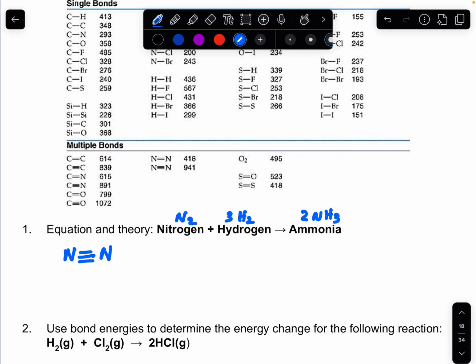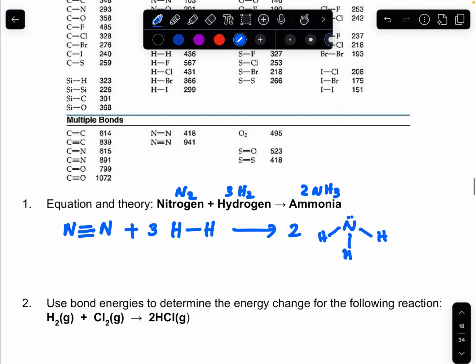Nitrogen has a triple bond, N triple bond N. You don't need to show the Lewis dots because we are worrying about only the bonds. So N2 plus 3 molecules of H2, which have only a single bond like this, producing 2 molecules of ammonia, and you know the structure of ammonia. The lone pairs are there in case you are curious, but we don't need that.